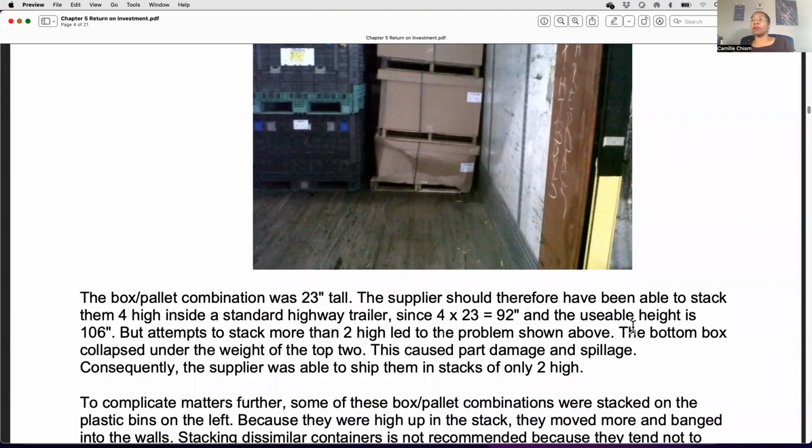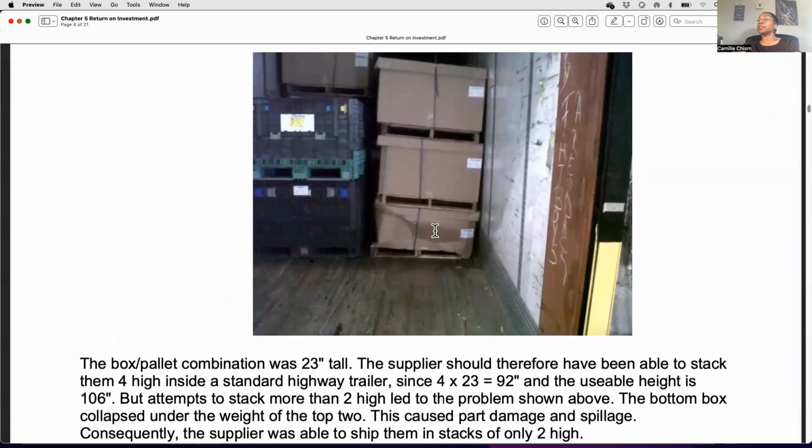So let's say you started off with 800 parts in this box. By the time it gets here, these two on top crush the box and it opens up, and maybe 100 of those 800 parts have fallen out by the time it gets to its destination.